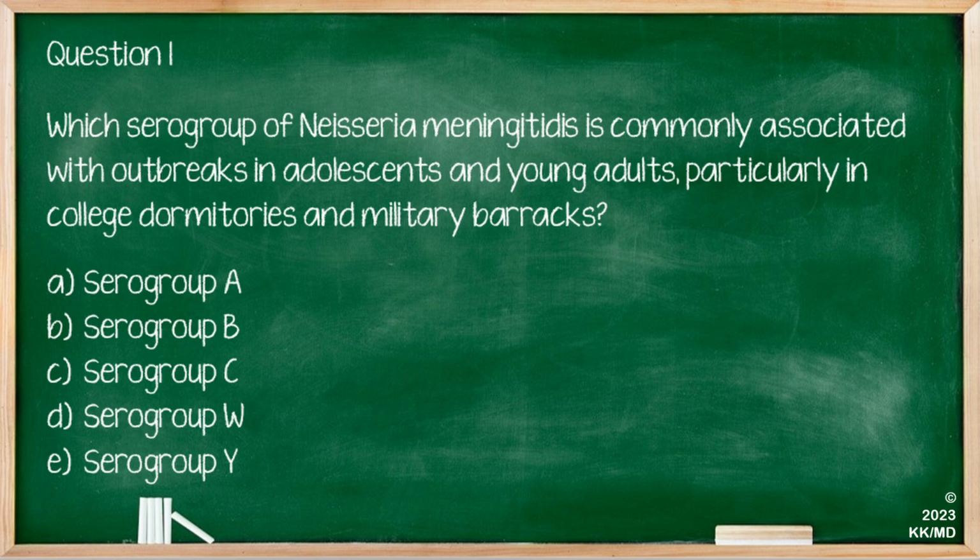Our options are serogroup A, serogroup B, serogroup C, serogroup W, or serogroup Y. The correct answer in this case is serogroup B. You'll remember this from an earlier slide which discussed the various serogroups and their prevalence in various populations. This is quite a common scenario that might be talked about in an MRCP question, so it's worth remembering.